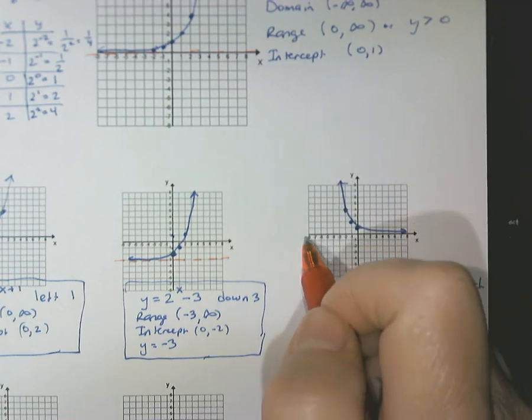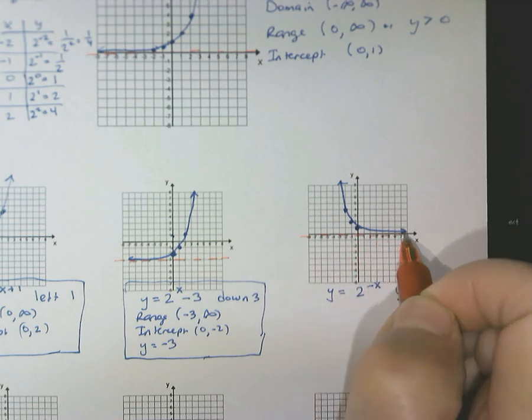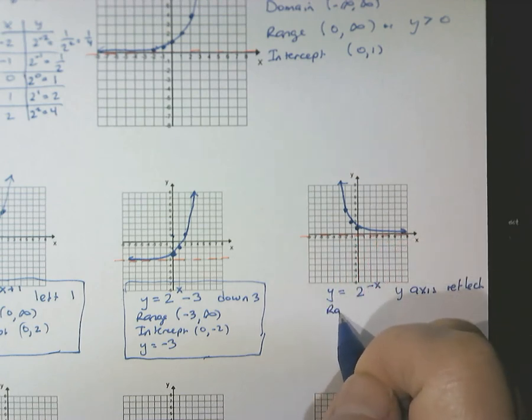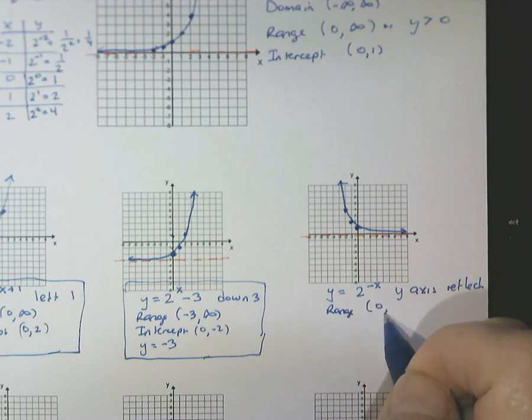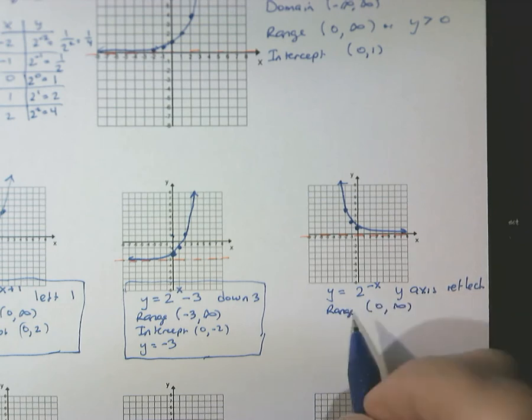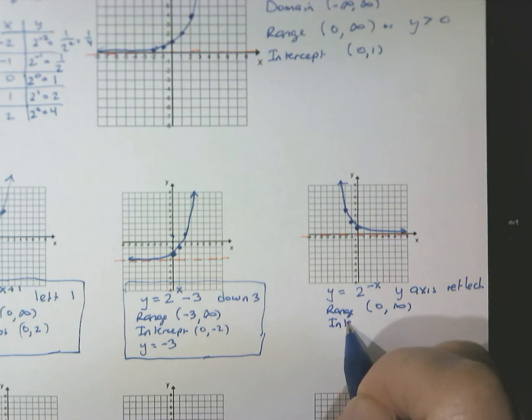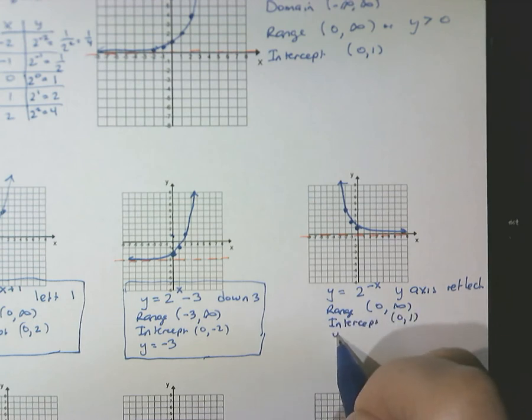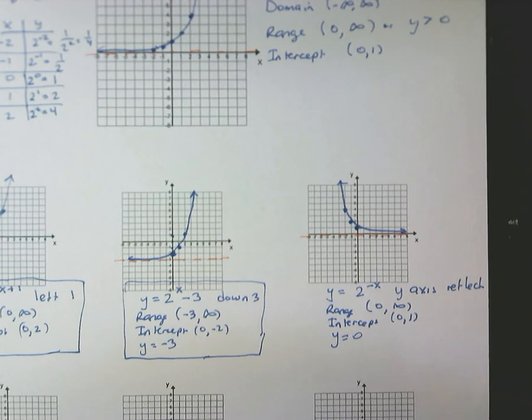So it didn't move up or down, so my horizontal asymptote is still y equals 0. My range is still 0 to infinity. My intercept is still 0, 1. And my asymptote is y equals 0.